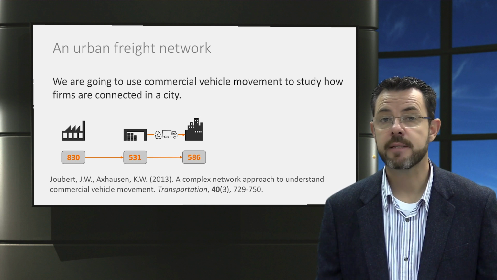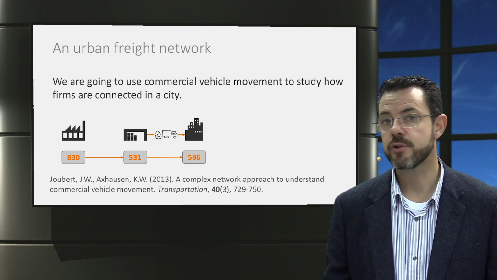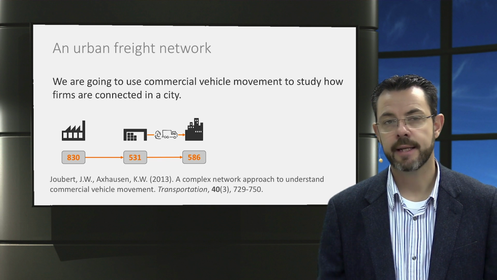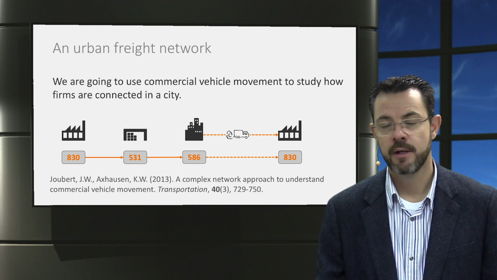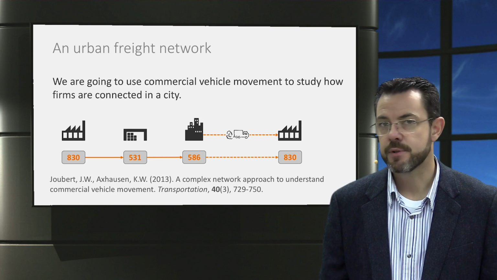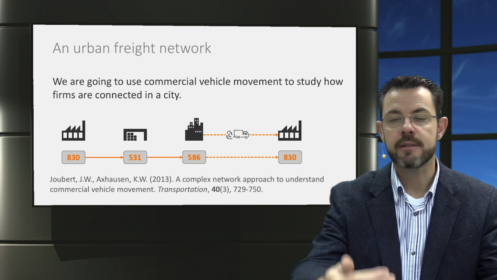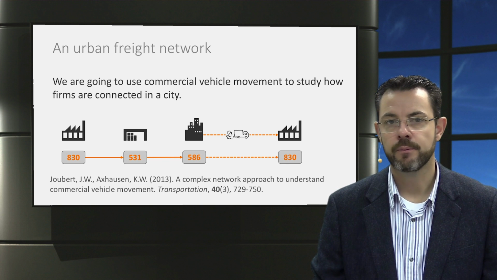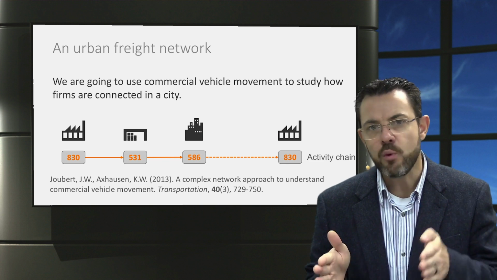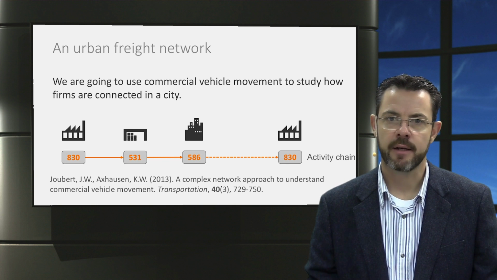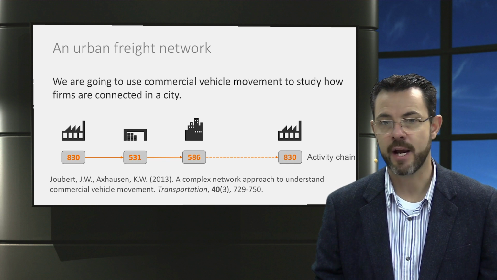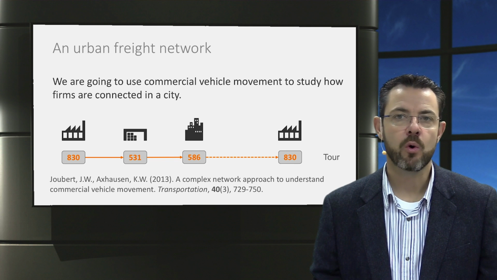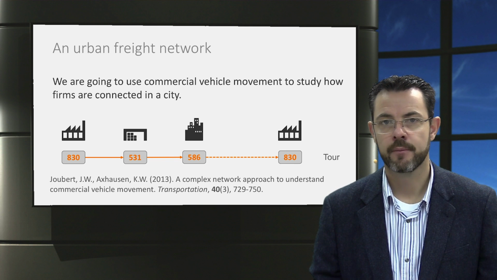Next, the truck makes a second trip and travels to a commercial building with an index 586. And the truck keeps making trips throughout the rest of the day until eventually it returns to the factory 830. This sequence of activities of the truck is called its activity chain, or it can be called the truck's tour.